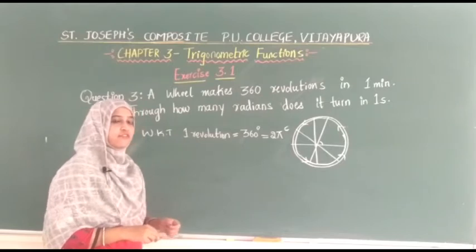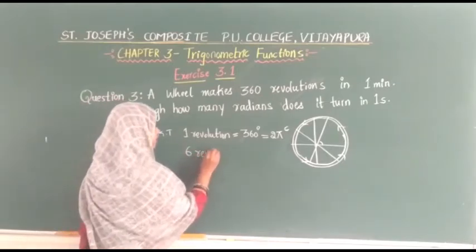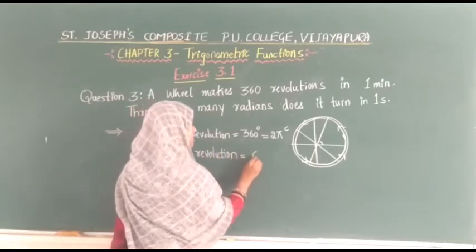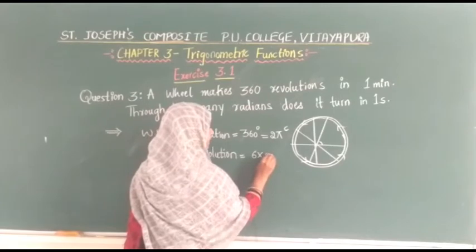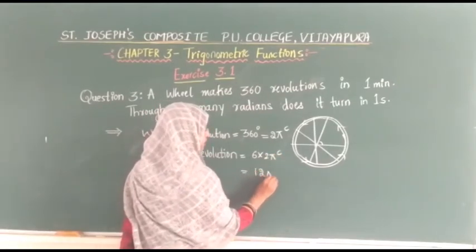Similarly, we have to find for 6 revolutions. This is equal to 6 into 2 pi radian, that is 12 pi radian.